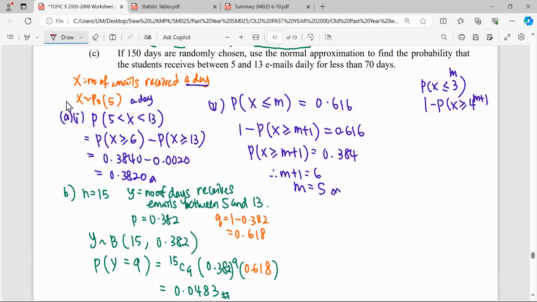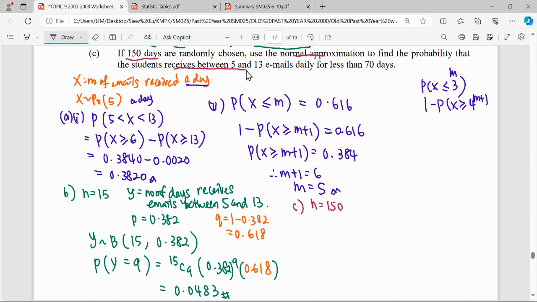So when you come to part C, instead of Y being 15 days, now it changes to 150. So for part C, the sample is 150. Use the normal approximation to find the probability.